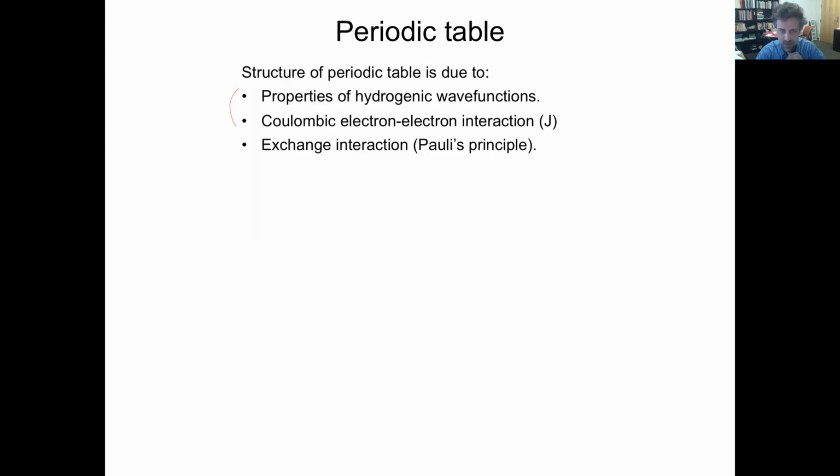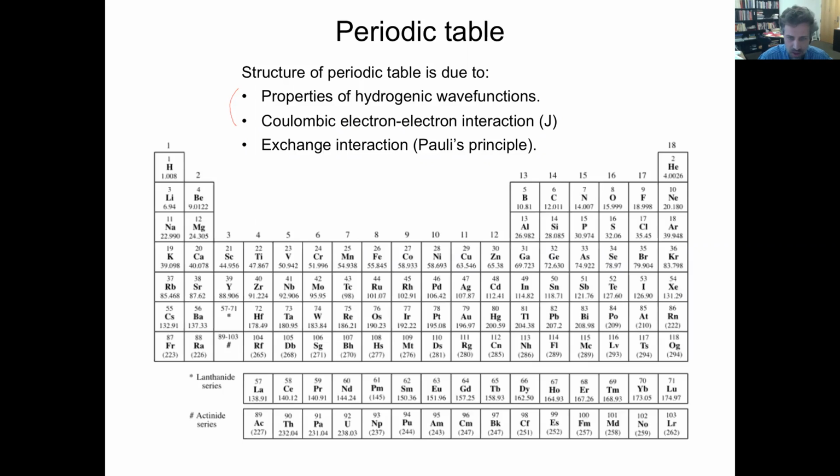It basically gives us a guideline in how the electrons will occupy certain states and which arrangement of electrons in these states is going to give us an overall state that has the lowest possible energy, right? That is what Pauli's principle is going to give us. So these 3 ingredients will basically determine the ordering of the elements in the periodic table. And we'll see at the end of the lecture how that comes into play.